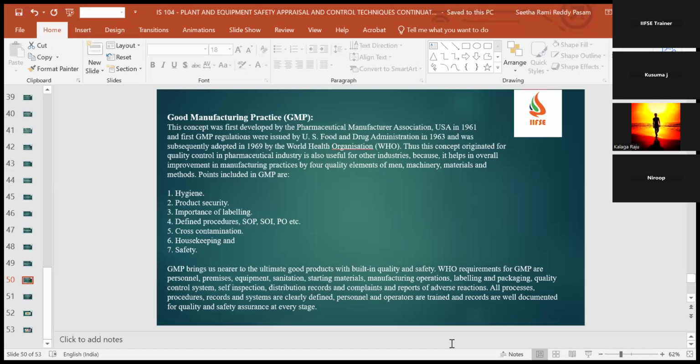All processes, procedures, records, and systems are clearly defined. Personnel and operators are trained, and records are well documented for quality and safety assurance at every stage.